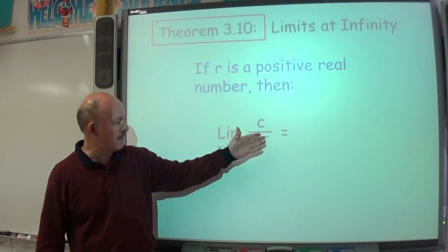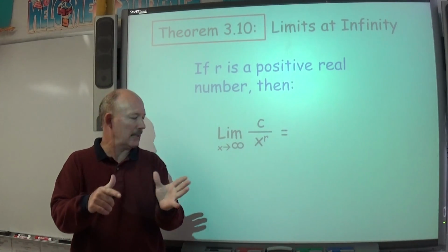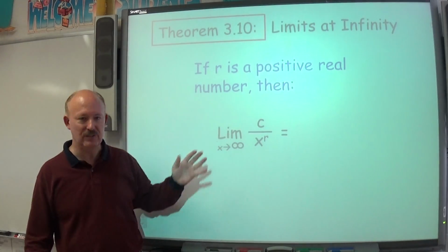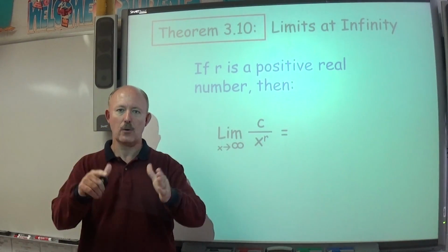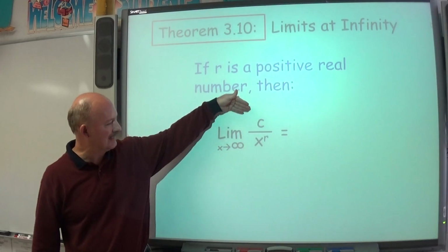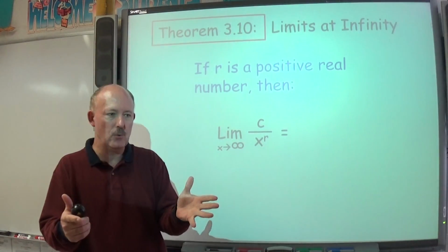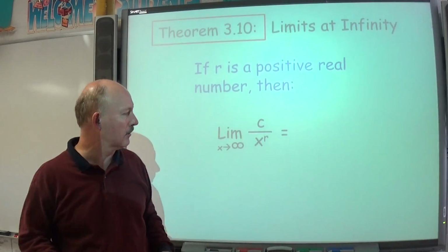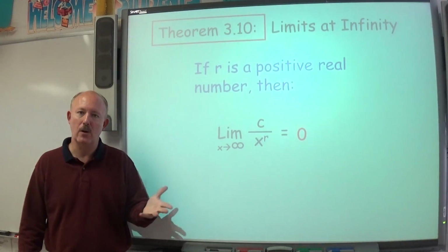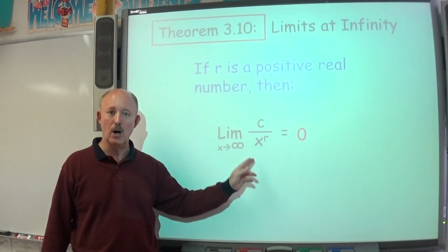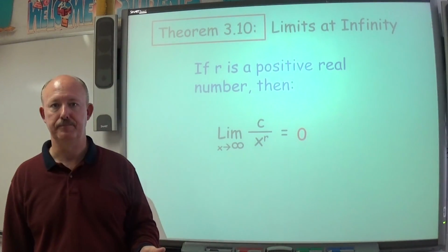If the bottom of the fraction increases without bound, the actual fraction itself is getting smaller and smaller, right? So as the denominator gets bigger and bigger, the actual fraction gets smaller and smaller. So the limit as x approaches infinity of some number over x is 0.